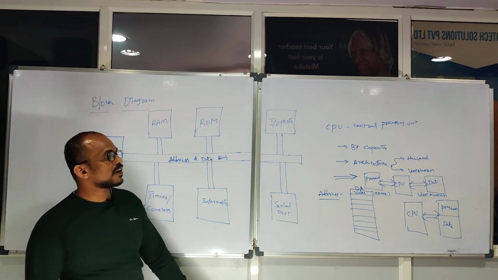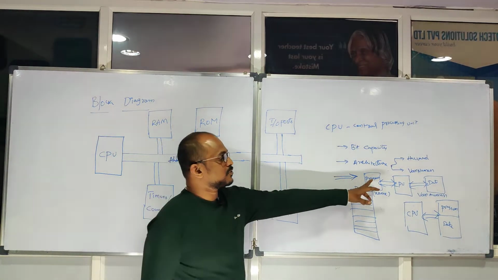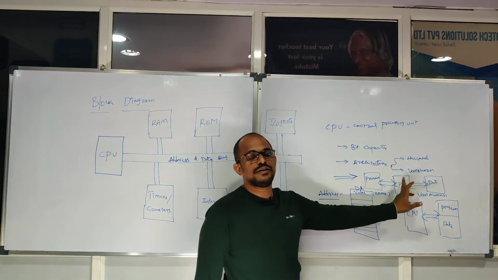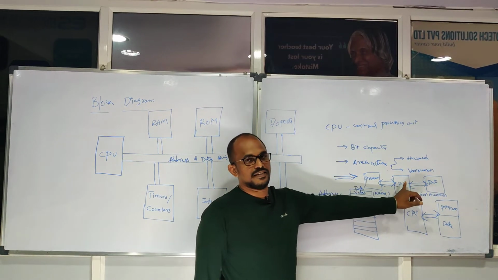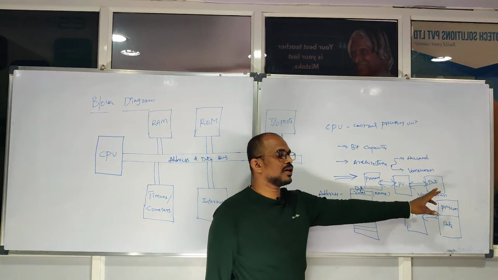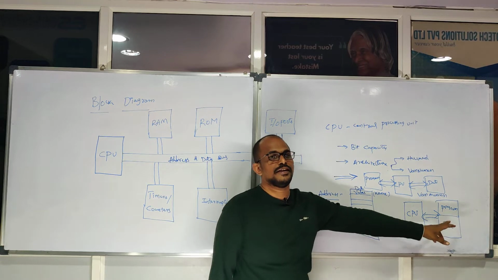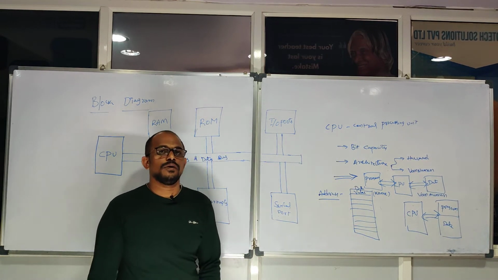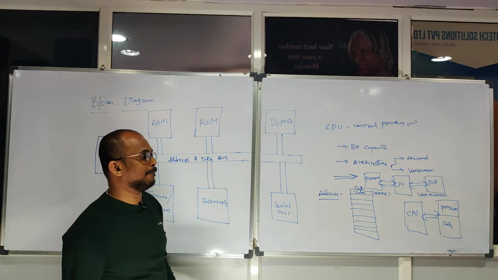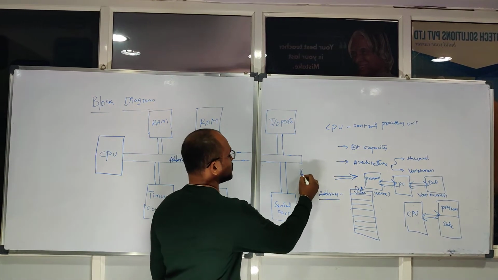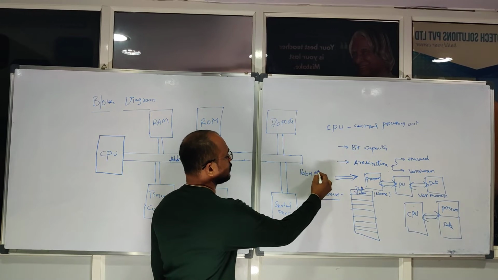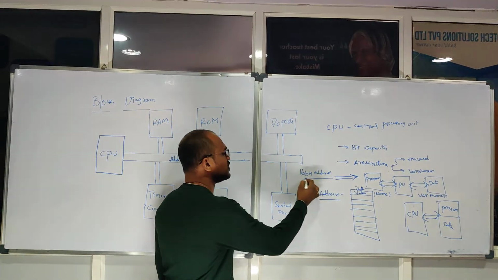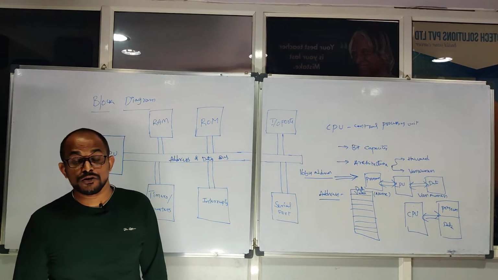In the case of Harvard architecture, the bus sizes are different: address bus size is different and data bus size is different. In the case of Von Neumann architecture, address bus size and data bus size are the same. And knowing the address bus size matters, for example if you have a 16-bit address bus for any processor, this will decide the memory capacity also.